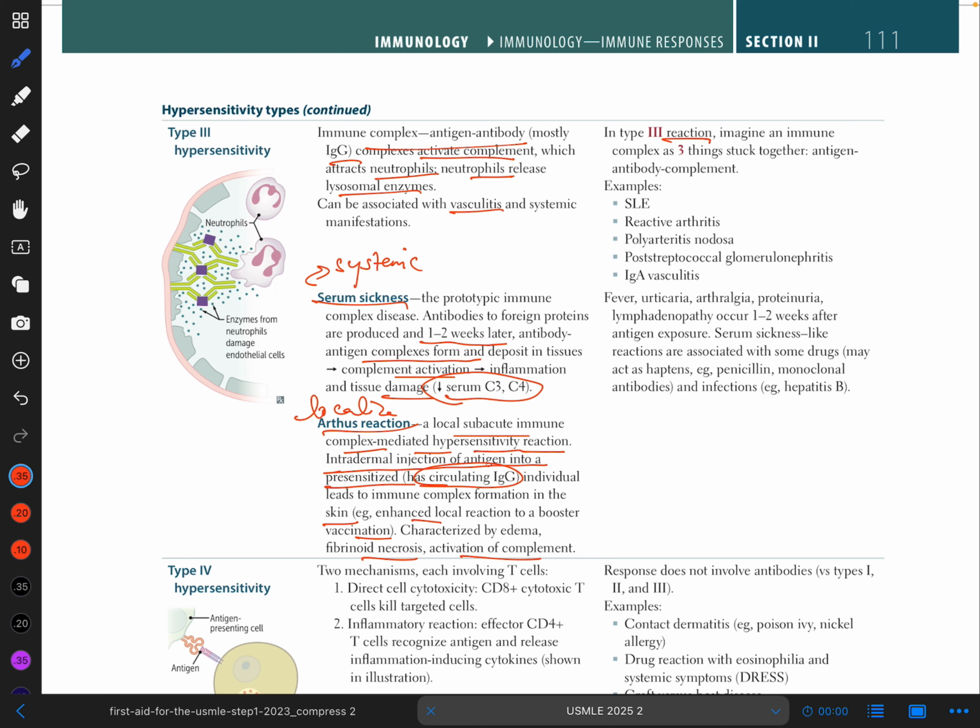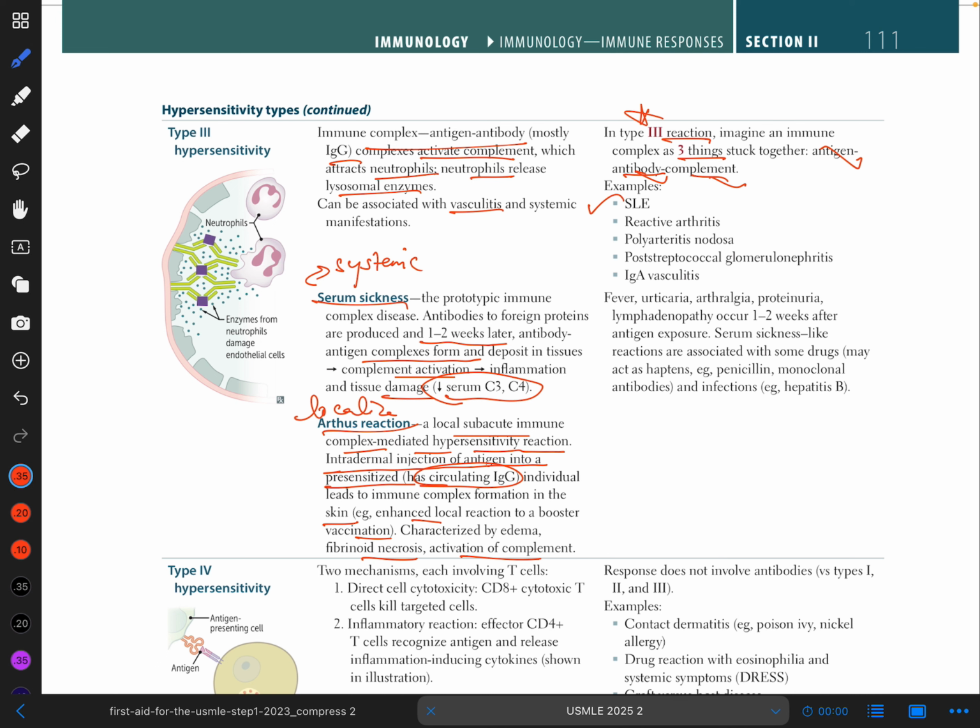In a type 3 reaction, imagine an immune complex as three things stuck together: antigen, antibody, and complement. Don't forget, this is a good mnemonic. In type 3, three things stick together, and they do nothing, they just deposit on different surfaces of the body: antigen, antibody, and complement.